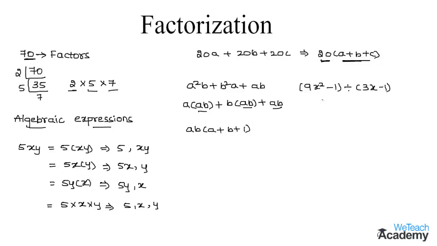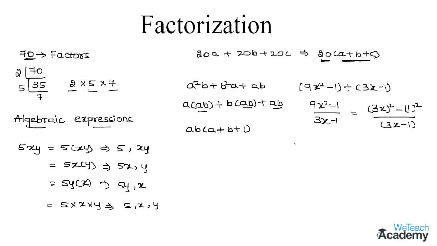Now move on to the next algebraic expression, 9x square minus 1 divided by 3x minus 1. We can write this as (3x) whole square minus 1 square, divided by 3x minus 1.